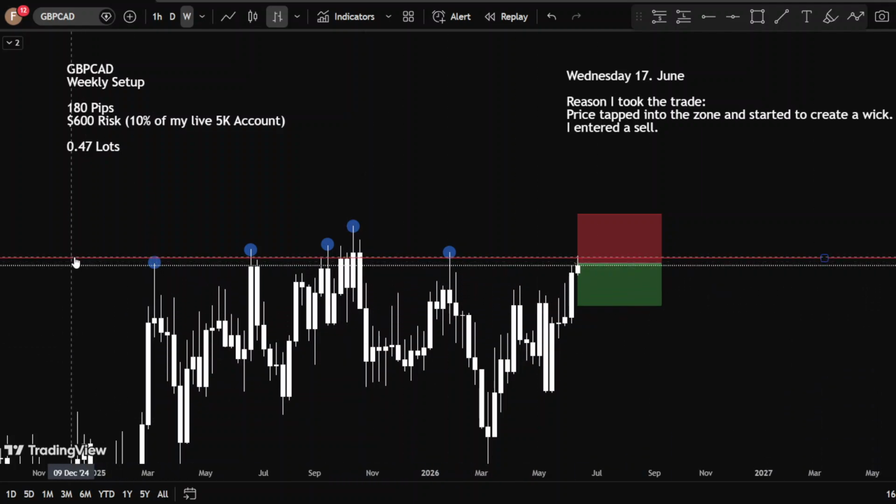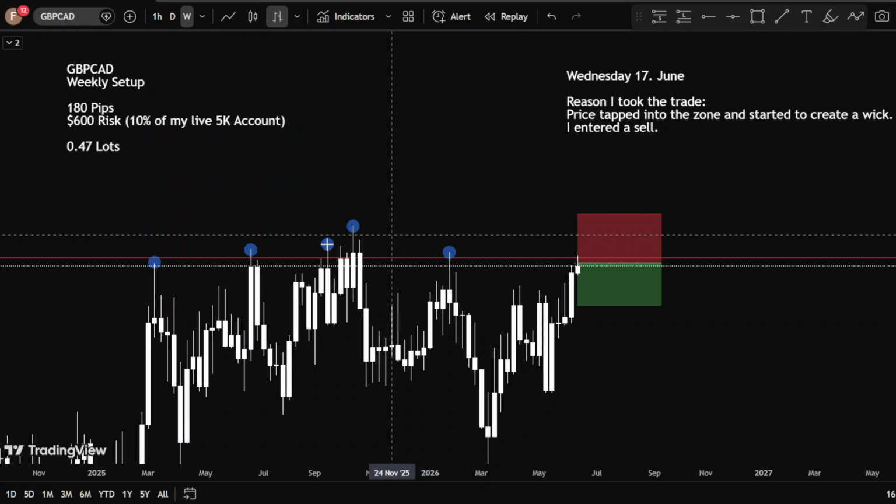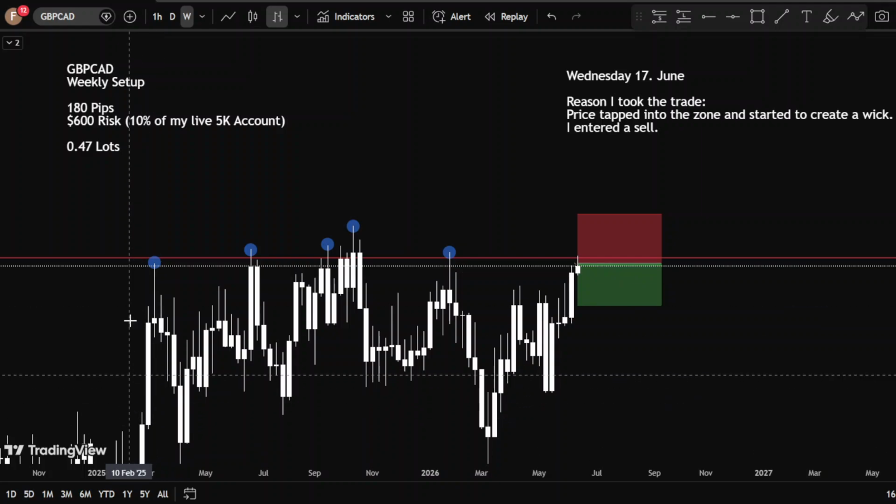Previously, before getting into the zone, I had used this red horizontal line. I placed it here. I don't want to mess with this because I'm going to journal it. I haven't done it yet. The reason I placed it here is because of the blue dots. You can see when price comes up here, it starts to bounce off.